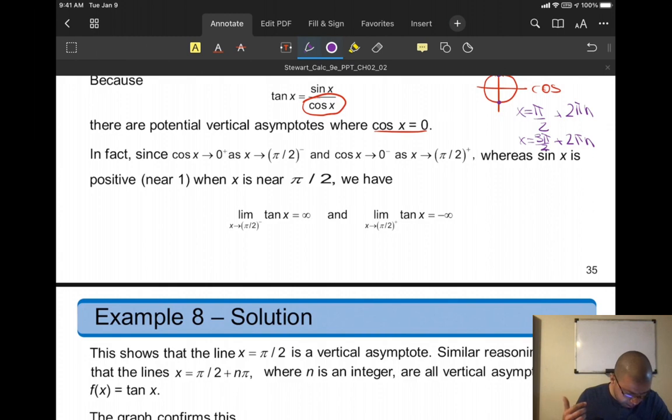Pi divided by 2 is like 1.5707. So let's say I choose an x value very close to pi over 2, like 1.57.